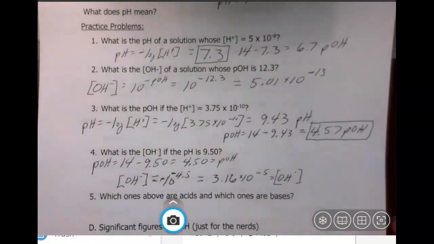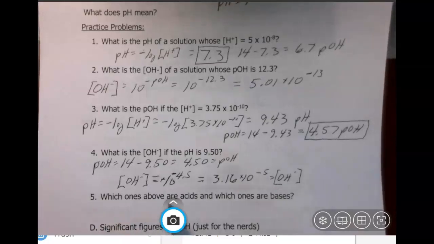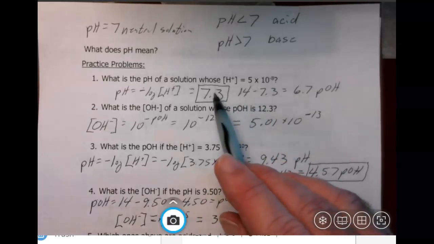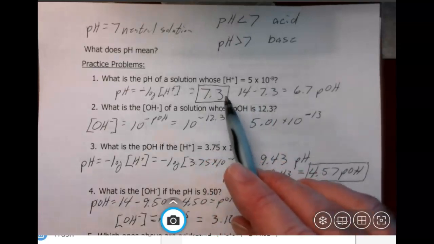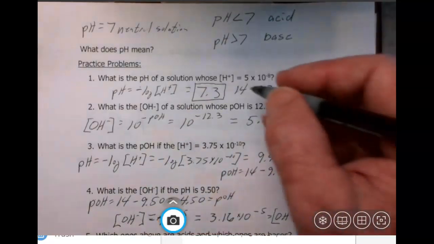Now we're being asked, number 5 here, which ones of the above, 1 through 4, are acids and which ones are bases? Well, to do that, we need to know the pH. So if we go back to number 1 here, the pH is 7.3. That's greater than 7. So since it's just a little bit greater than 7, but it's greater than 7, that makes it a base.